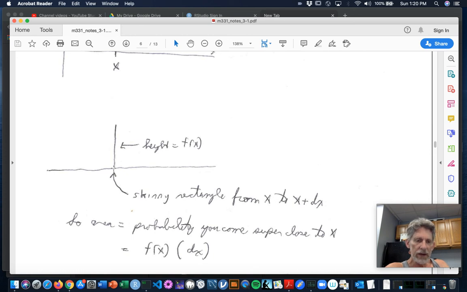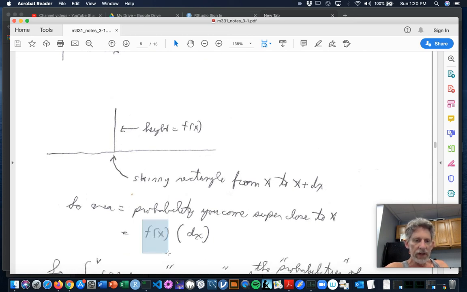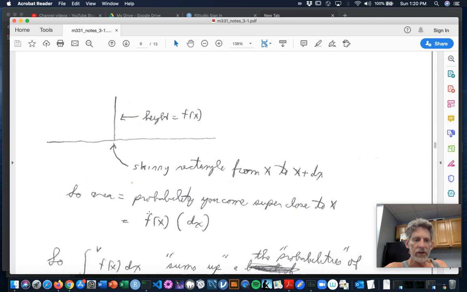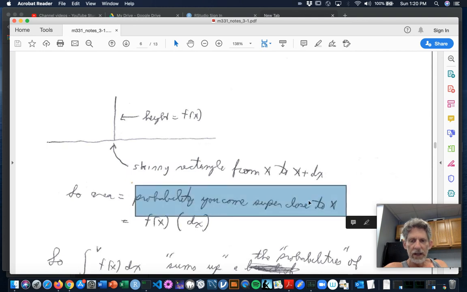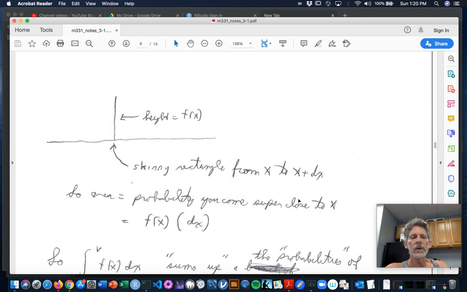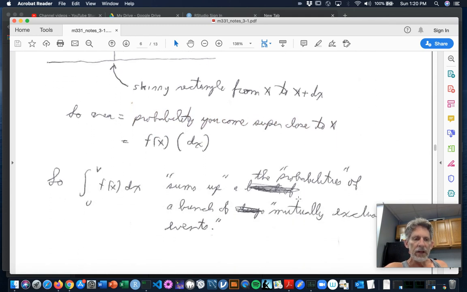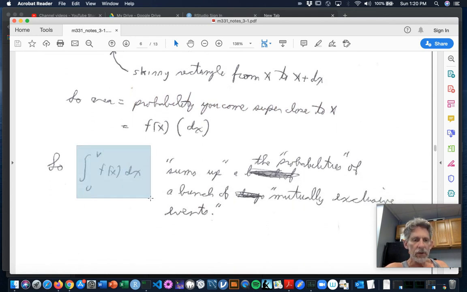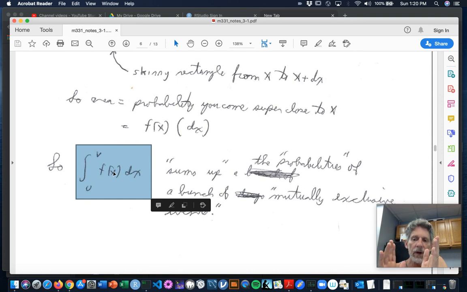Skinny, skinny little rectangle. And so the area of that skinny rectangle would be the height times the base, which would be f of x times dx, okay? And so you can think of that quote-unquote area as the probability that the random variable lands super close to little x. And you can think of some definite integral like this as adding up those little skinny rectangle areas.